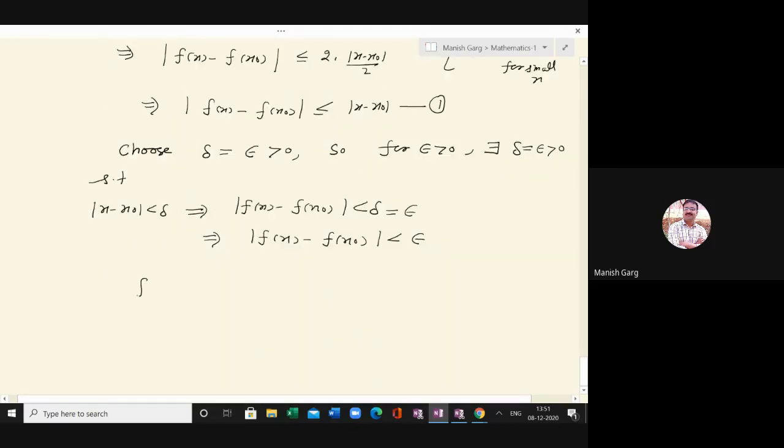So finally you can say f is continuous at x naught.